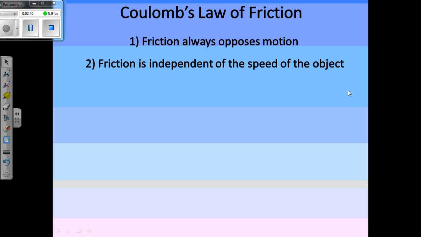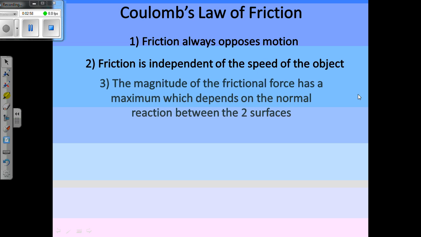If we looked at a model of air resistance, for instance, then there would be some dependence on velocity. So this isn't a model for air resistance, it's a model for two objects in contact with each other and the frictional force which they experience.